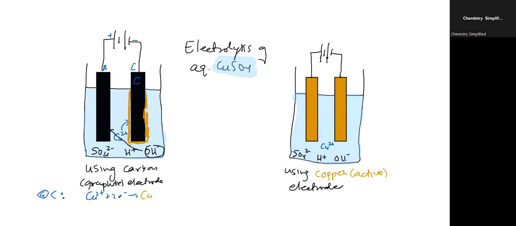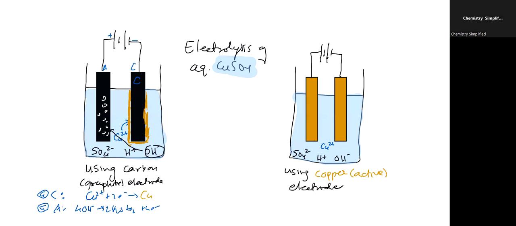The reaction at the anode is 4OH minus gives you 2 water, 1 oxygen, and 4 electrons. So the observation here will be bubbles of oxygen. Now this is what happens in the electrolysis of copper sulfate using inert electrodes.